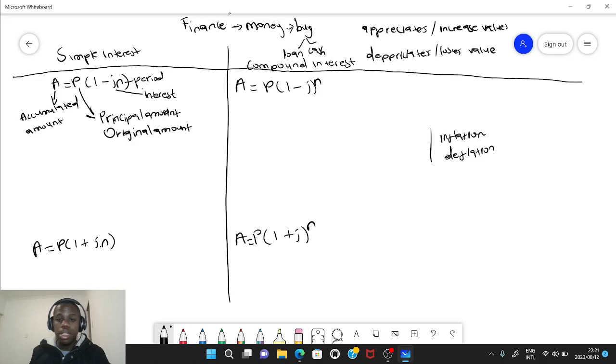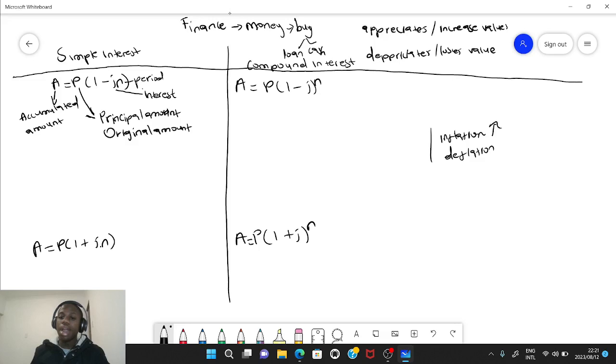So note that whenever something inflates, its current amount won't be the same as the previous amount. Since inflation is the increase in price of goods, the current amount will be greater than the previous amount, because the prices went up, right?